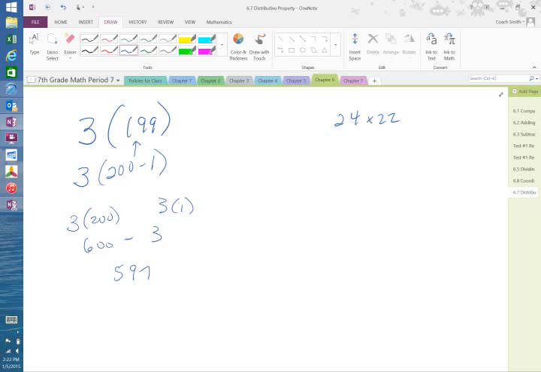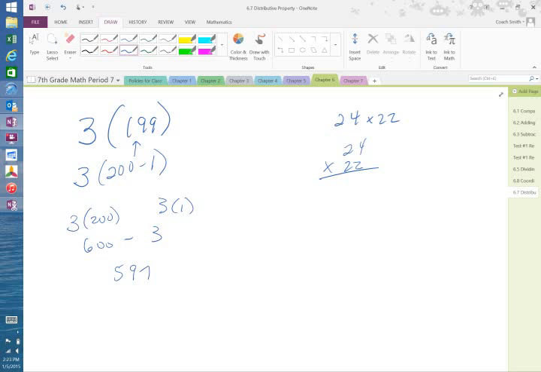I want you to do 24 times 22 on your paper just like you would normally do it. Now, I'm going to show you that you've basically used the distributive property for the most part for a long time.